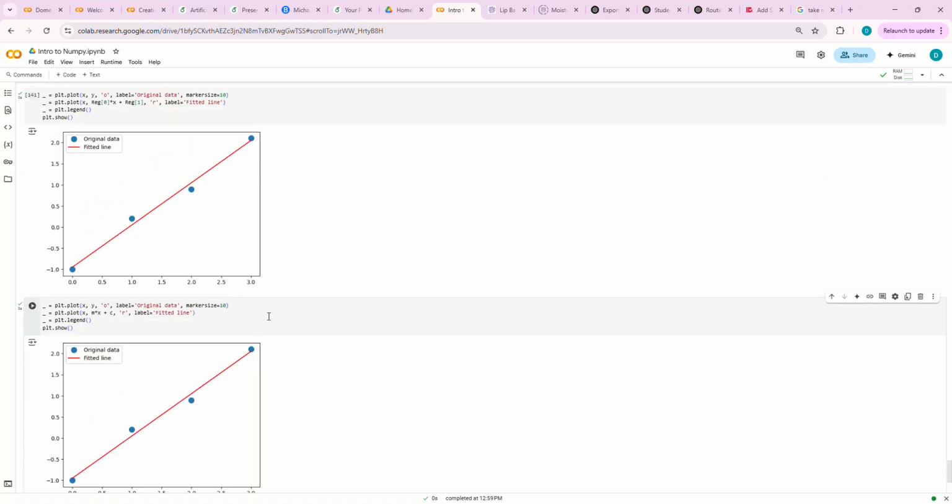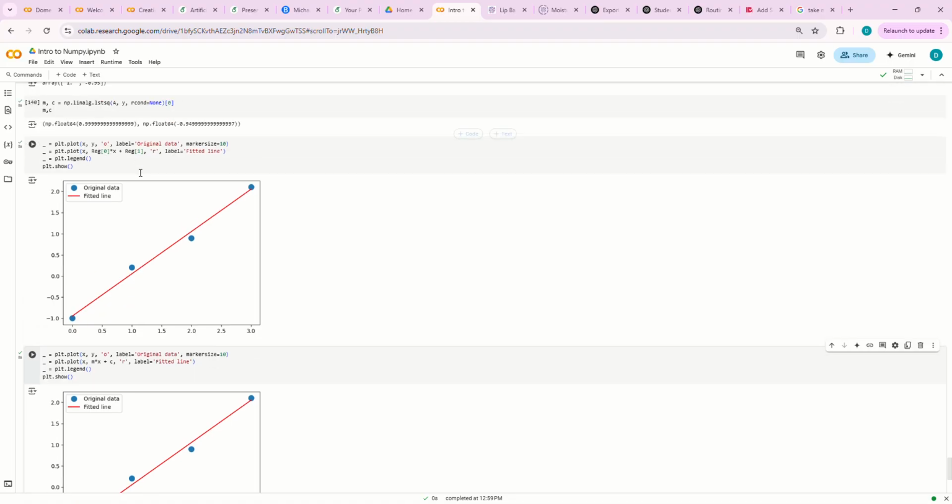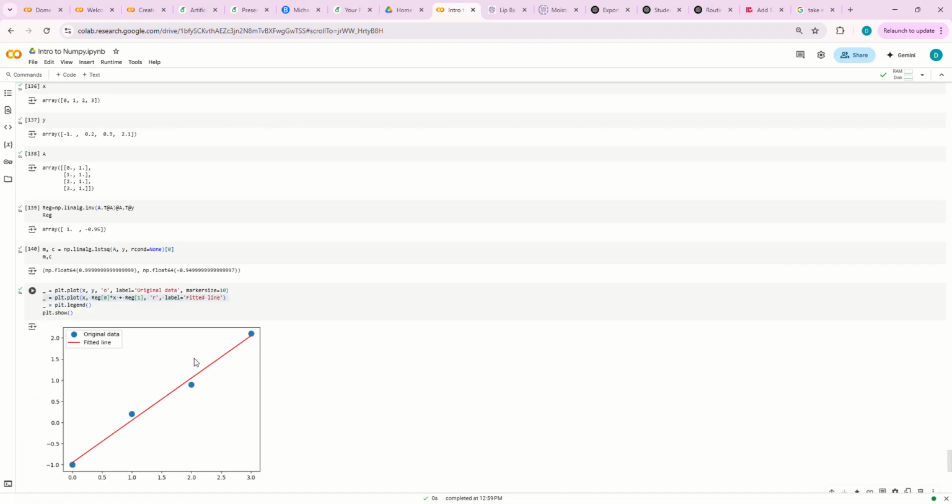And here is the same thing. This is using our regression, and this is using built-in least squares. So recall regression here is np.linalg.inv of a.T @ a, matrix multiplied by a.T @ y.